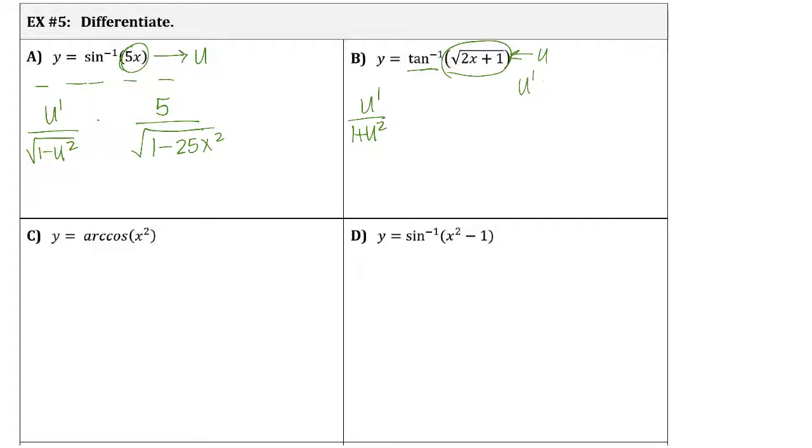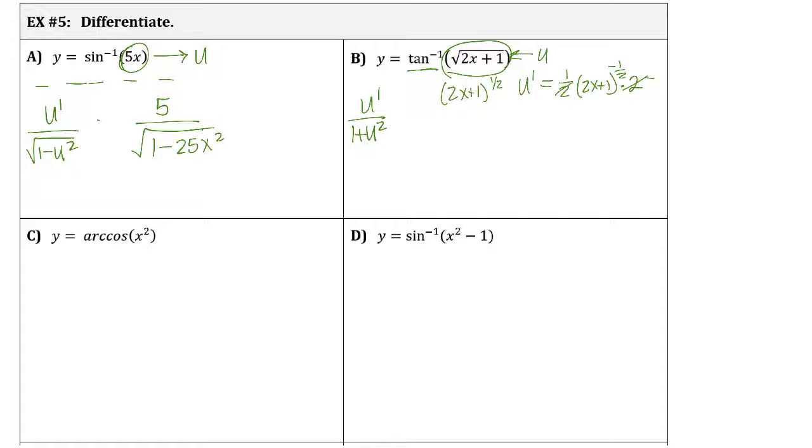So then u prime, and we do have to think about this as 2x plus 1 all raised to the 1/2 power. So the derivative of that is going to be 1/2 times 2x plus 1 to the negative 1/2, and then times the derivative of the inside. And so that's going to allow us to cancel out some stuff. And then, of course, u squared would just be our 2x plus 1.